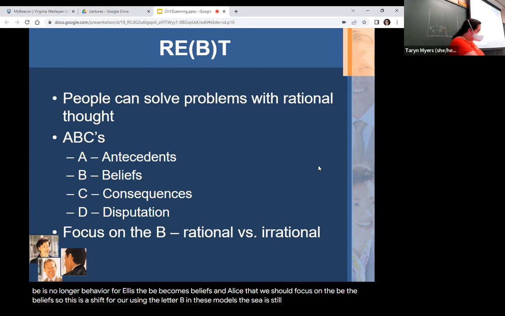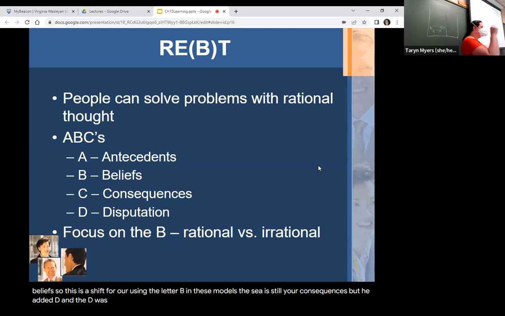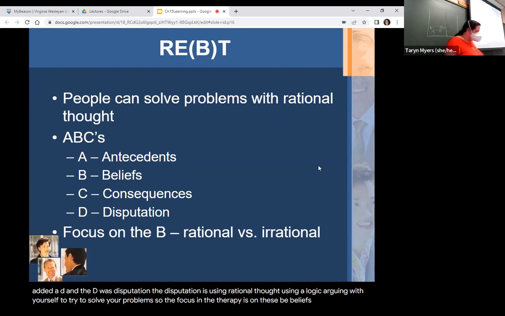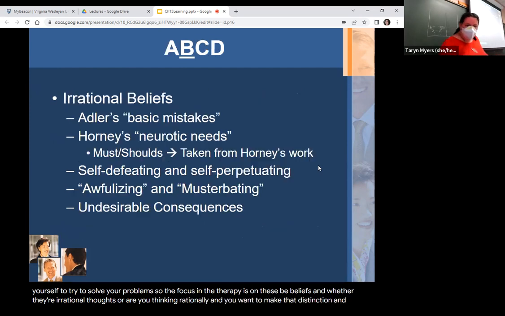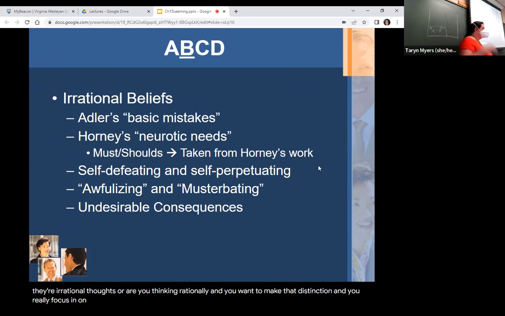The C is still your consequences, but he added a D, and the D was disputation. The disputation is using rational thought, using logic, arguing with yourself to try to solve your problems. So the focus in the therapy is on these B beliefs and whether they're irrational thoughts or whether you're thinking rationally. You want to make that distinction, and you really focus in on these irrational beliefs that people have.